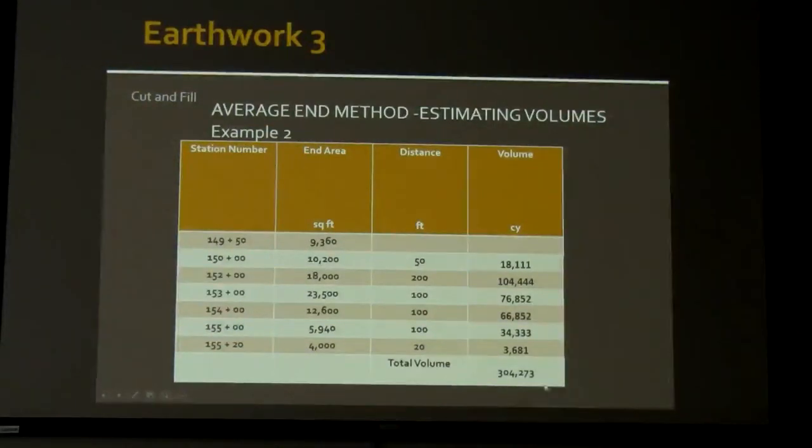Sum them up, and this is the total bank volume of soil being excavated for this project, from station 149 plus 50 to station 155 plus 20. Again, you cannot use the formula L over 27 times A1 over 2 plus A2 plus A3 plus ... plus AN over 2.